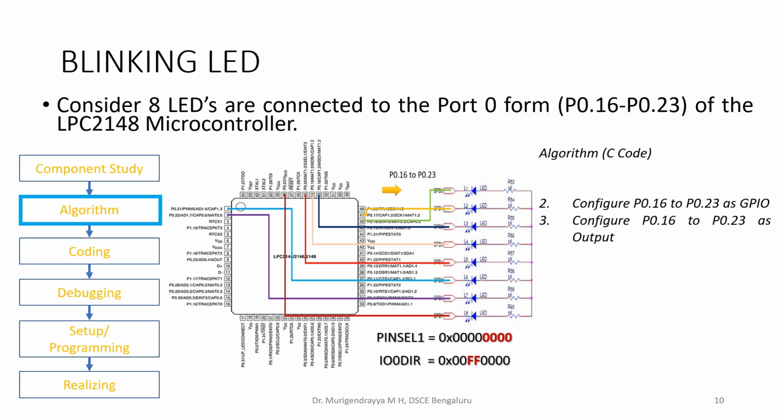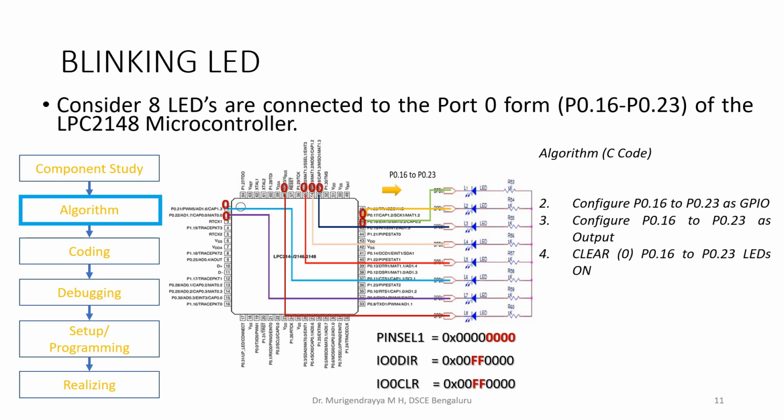To make the output value of these pins 0, we use a register called IO0CLR. If the respective bits, bit 16 to bit 23 of the IO0CLR register, are 1, then the output value of pin 16 to pin 23 of port 0 will be 0. Then the LED will be forward biased, and the LED will be on.